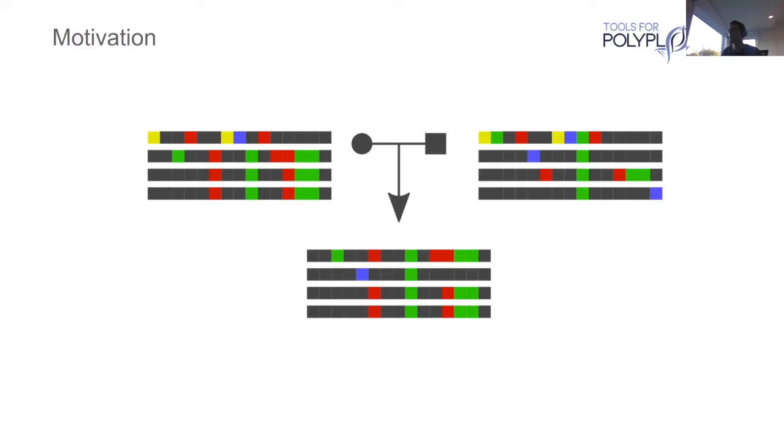To explain that in a bit more detail, I've put together an example just with a trio here, and what we're really interested in a lot of genetic work is IBD, so identity by descent, where 2 organisms share the same allele because their allele has come from a shared ancestor.